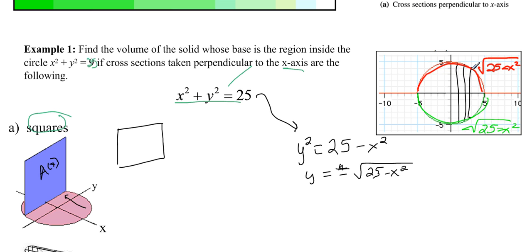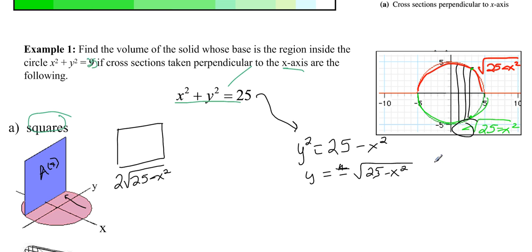If I get the distance between the two curves, I take the top curve minus the bottom curve and get the length of the chord. So the length is actually equal to 2 times the square root of 25 minus x squared, and you get that by taking the positive minus the negative.